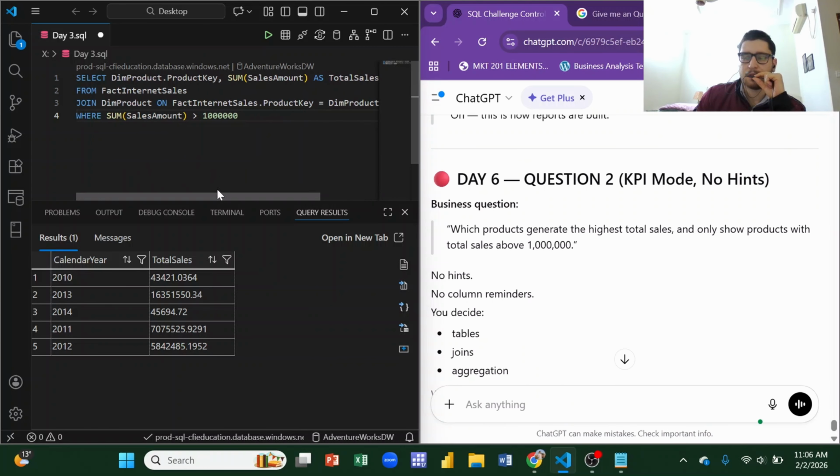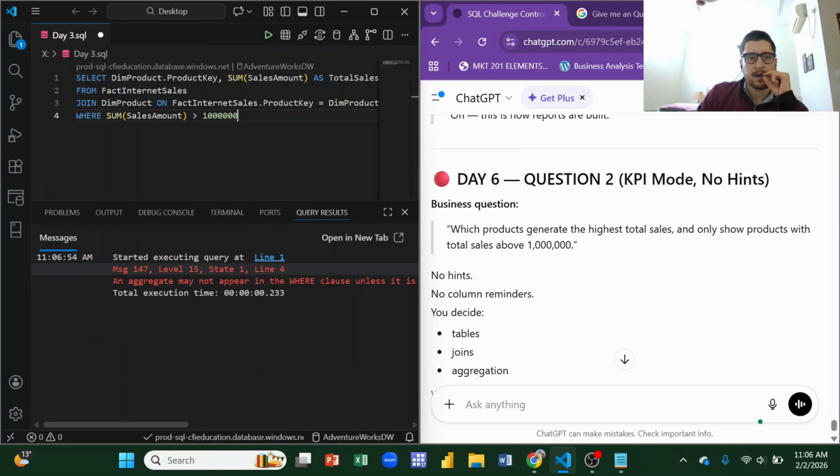This means it will join on this. And then I have applied a where filter, and this time I have not used having, because there was no question asked regarding the group by. So this is the query which I have come up with, and let's see whether it will work or not.